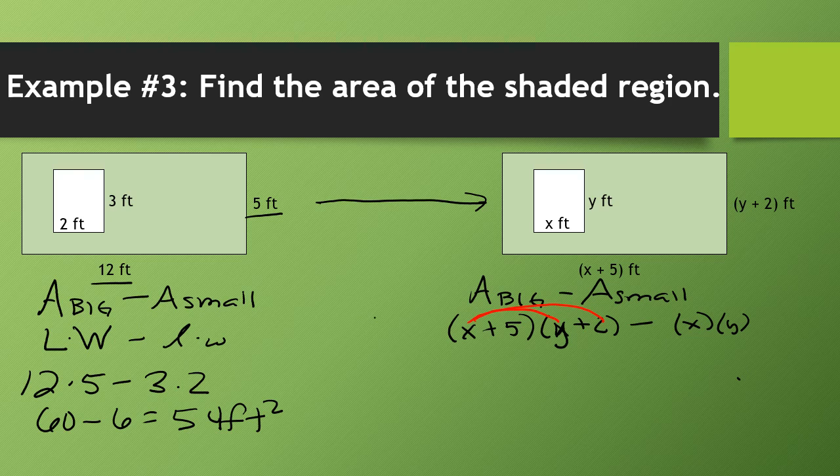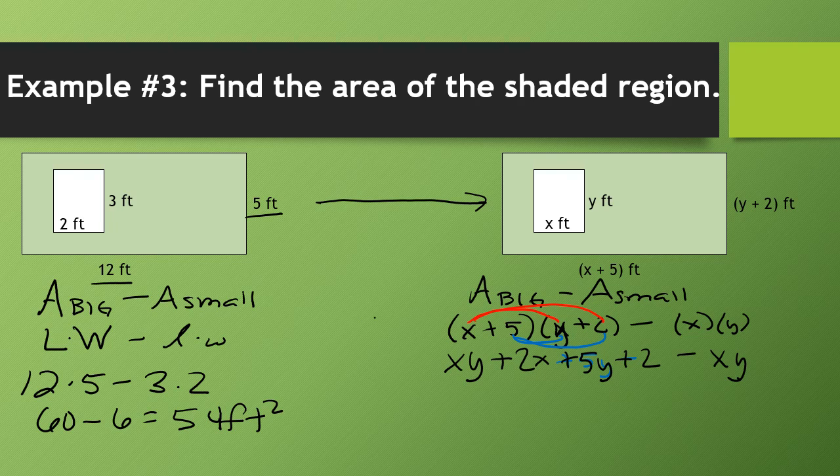So I get xy plus 2x. And then I'm going to come down here and take this times this. So now I get plus 5y plus 10. And then I'm going to subtract the x times the y.